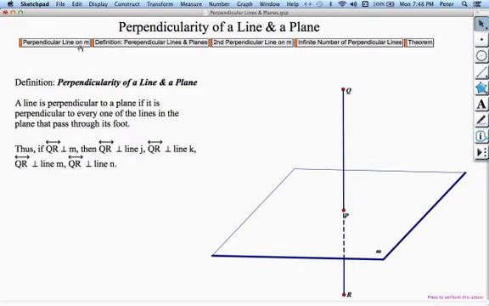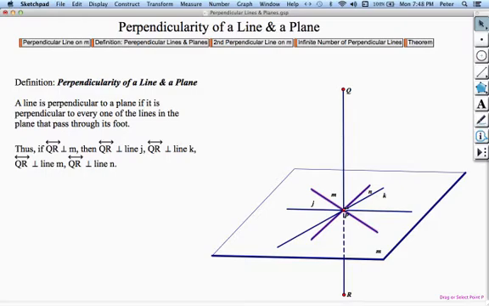So, if I know that QR is perpendicular to M, then I'm sure that since line J passes through point P, that it's perpendicular to line J. If I came up with a second line, line K, I could be sure that QR is perpendicular to K. I could come up with an infinite number of lines that are in plane M that pass through P, and it will be perpendicular to all of them.